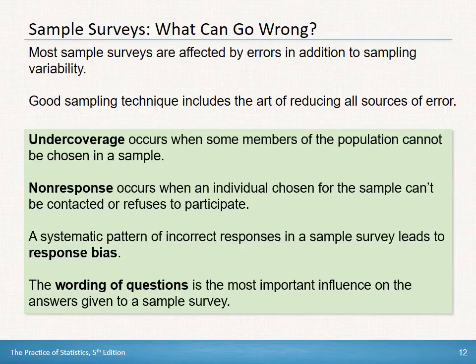And then wording of the question. This one is where the way you word something can cause someone to answer differently. So if I ask, do you agree with abortion? And then I just stop my survey there. That's one way to word it. I might get different responses if I were to word it a different way, such as, do you agree with murdering unborn children?